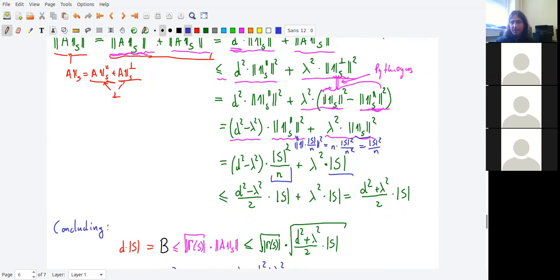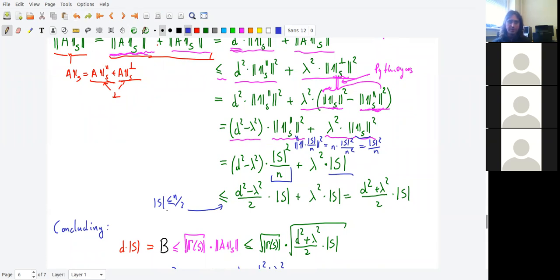Now comes the part where we recall the assumption that we had: S is at most N half. We are measuring the expansion of only small sets. So this means that S over N.